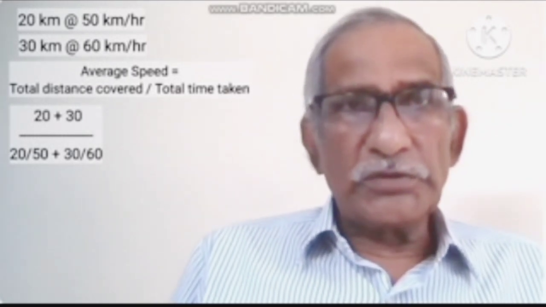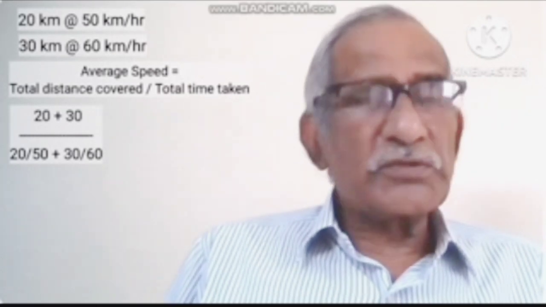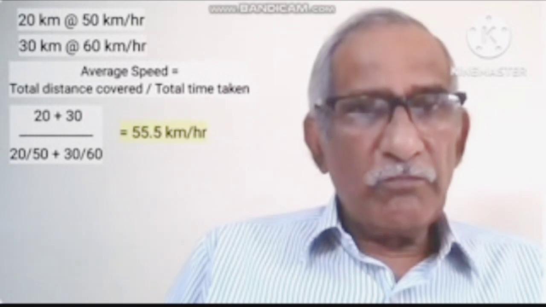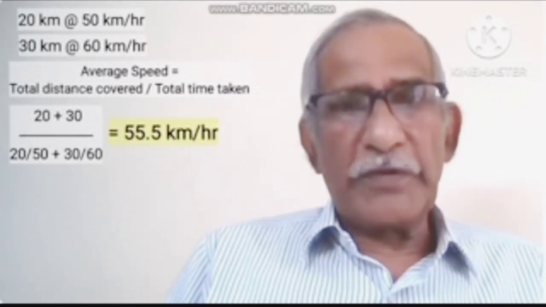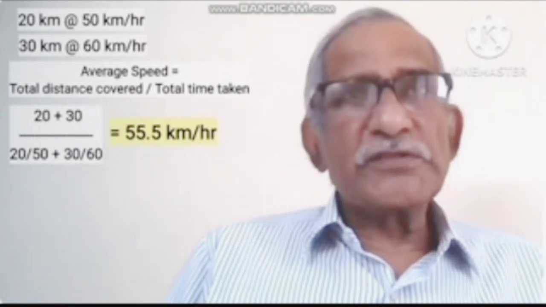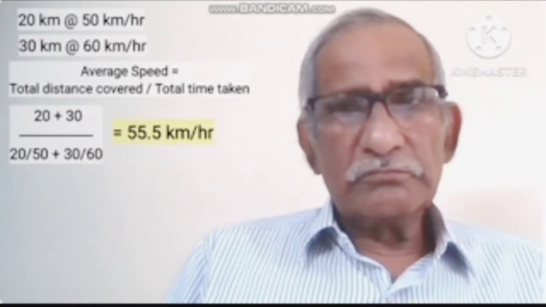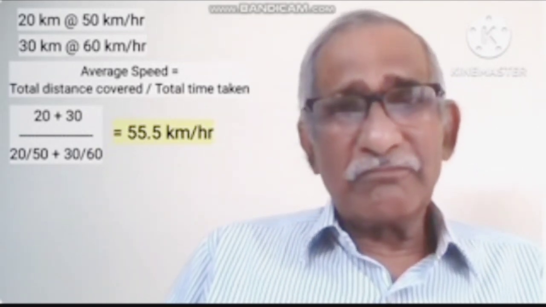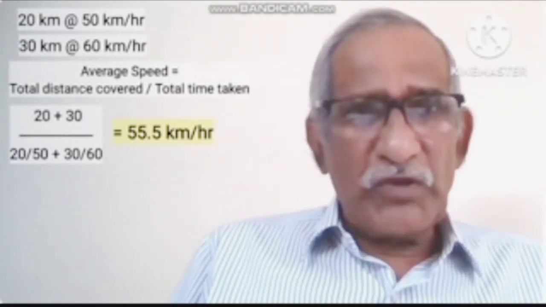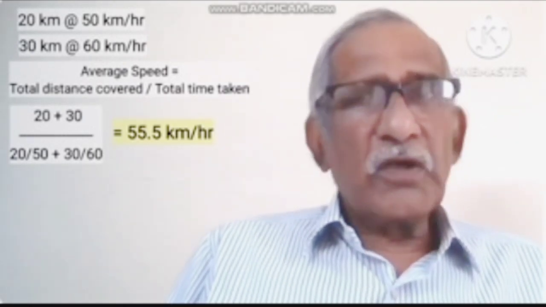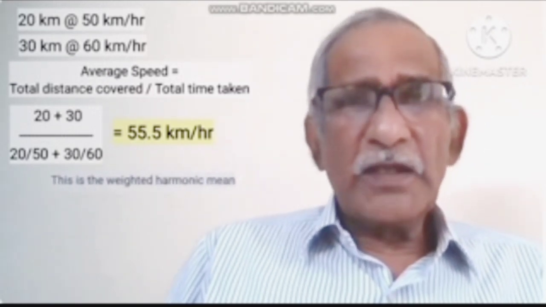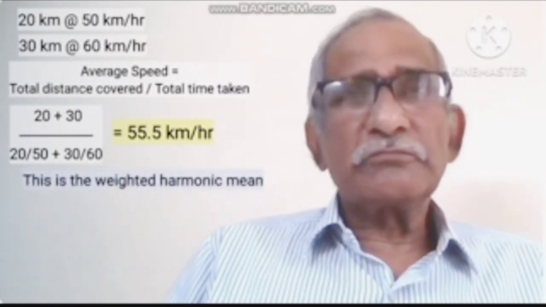And so this would be equal to 55.5 kilometers per hour. This is the average speed. But what is this? This is the weighted harmonic mean of the two speeds, 50 kilometers per hour and 60 kilometers per hour.